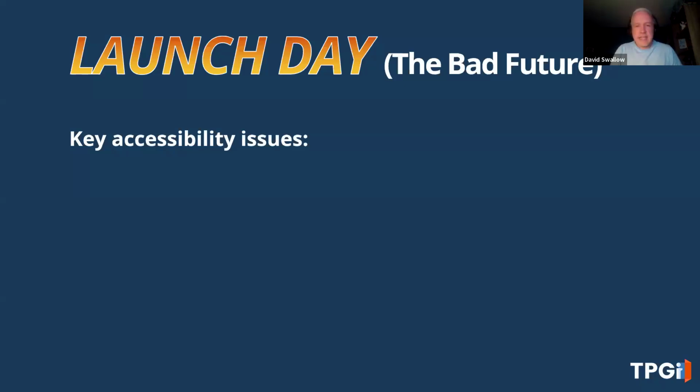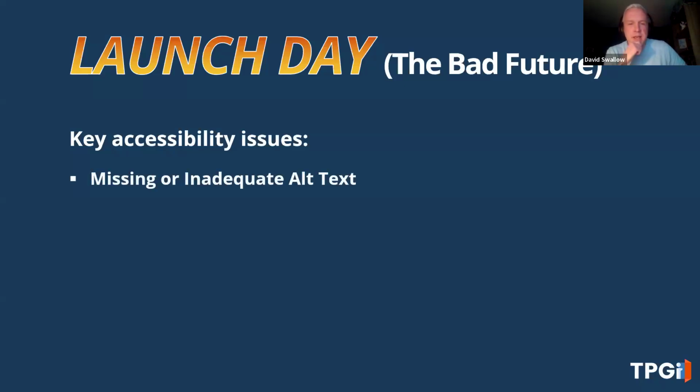So let's take a look at some common accessibility issues that plague products at launch and trace them back through the software development lifecycle to see where things went wrong. So one common issue is missing or inadequate alt text for images.